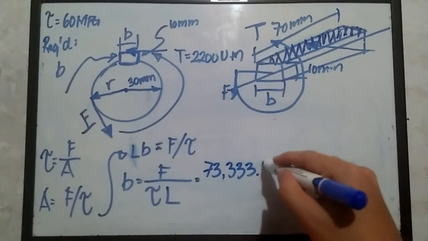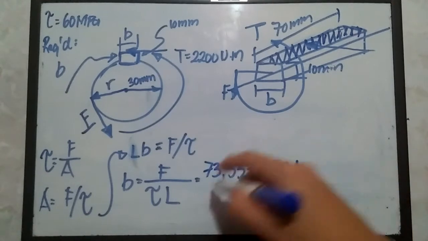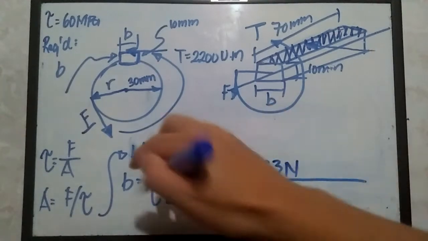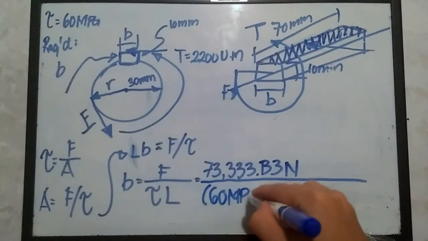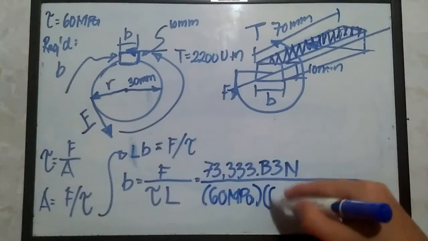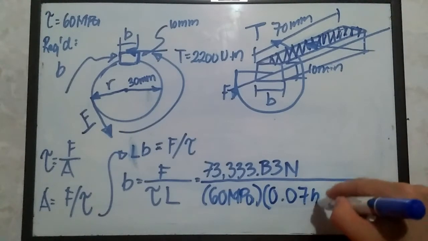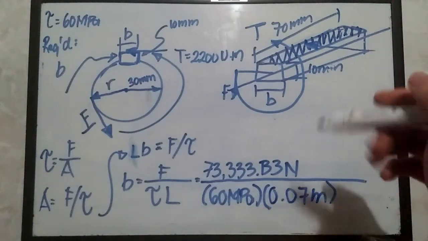Okay, 73,333.33 newtons divided by 60 megapascals multiplied by 70 millimeters, that is 0.07 meters. If I'm not wrong, yes, that's 0.07 meters.